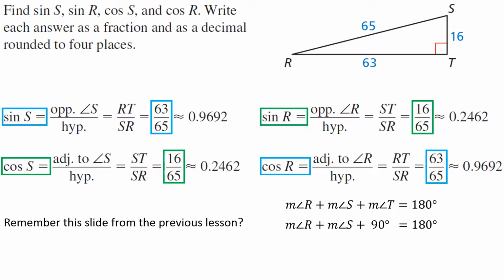If I subtract 90 degrees from each side of that equation, I can figure out that angle R and angle S have to have measurements that add up to 90 degrees, which means that angle R and angle S are complementary angles because their sum is 90 degrees. And so that creates this special relationship between sine and cosine when we're looking at complementary angles.